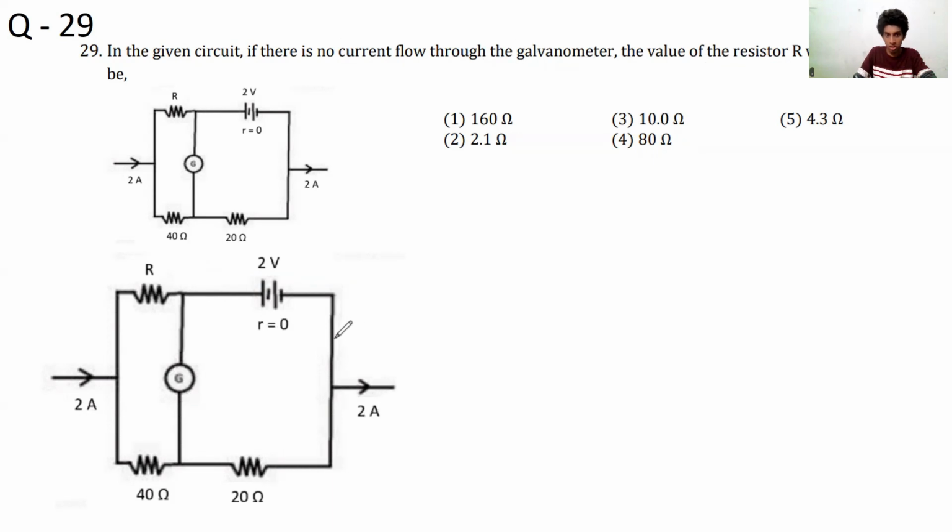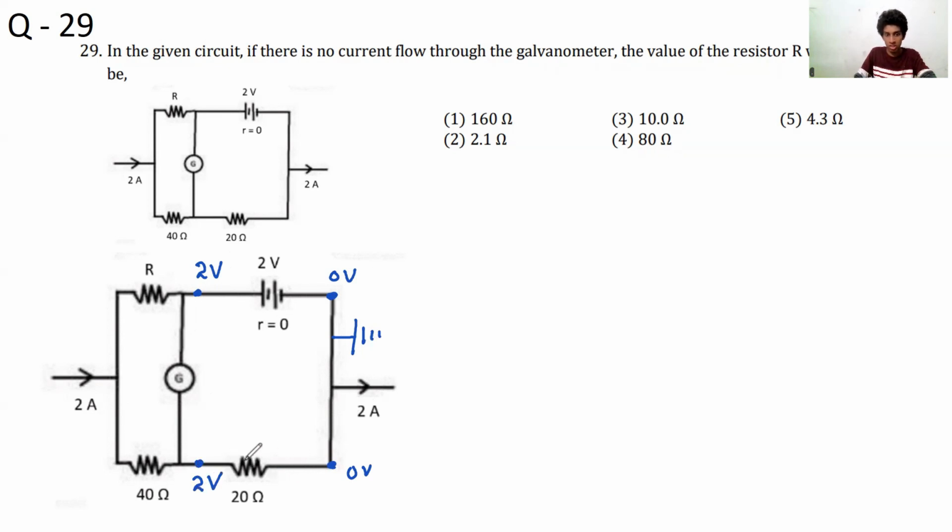So first of all, let's ground this position. So the potential at this point will be 0 volts, and the potential at this point will also be 0 volts. And as the internal resistance is 0, the potential here will be 2 volts. And as current doesn't flow through the galvanometer, the potential here should also be equal to 2 volts.